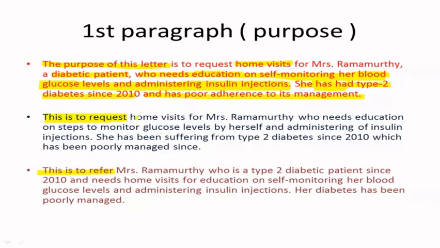This is to request home visits for Ms. Ramamurthy who needs education on steps to monitor glucose levels by herself. Instead of writing education on self-monitoring, we just change the words to steps to monitor glucose levels by herself. No difference. Okay. And administering of insulin injections. All right. She has been suffering from type 2 diabetes since 2010, which has been poorly managed since.